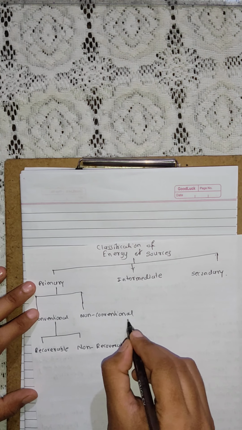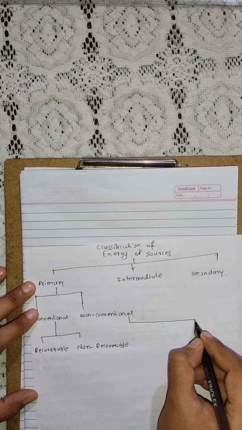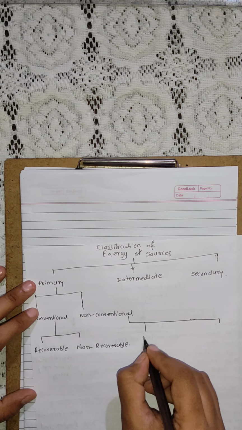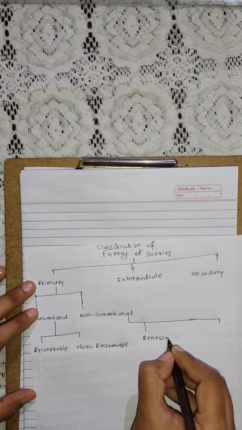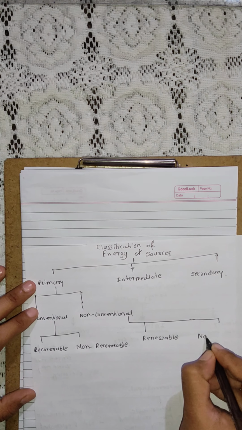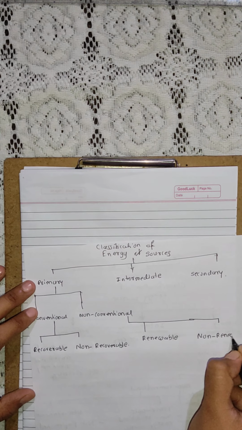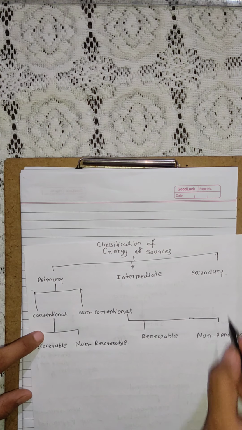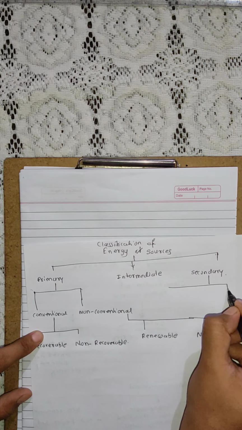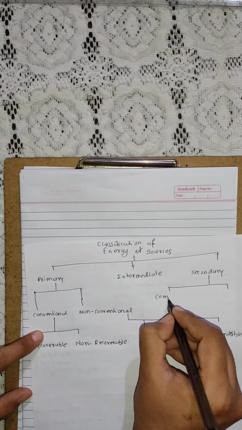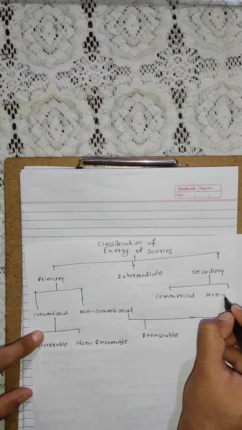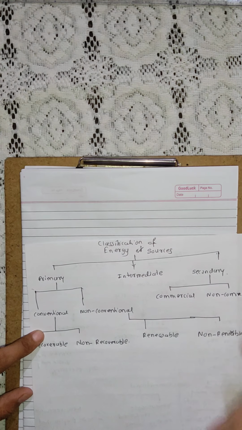Non-conventional is divided into two parts: renewable and non-renewable. Secondary is again divided into two parts: commercial and non-commercial.